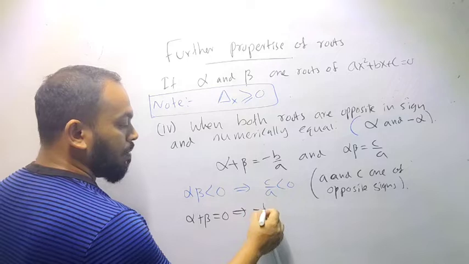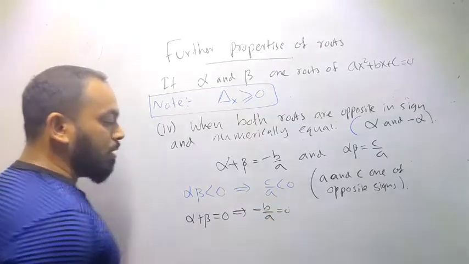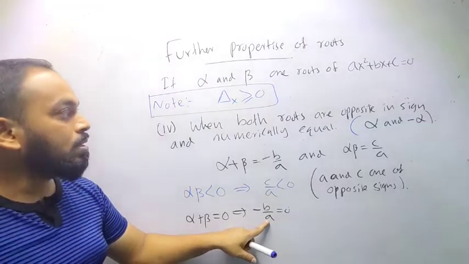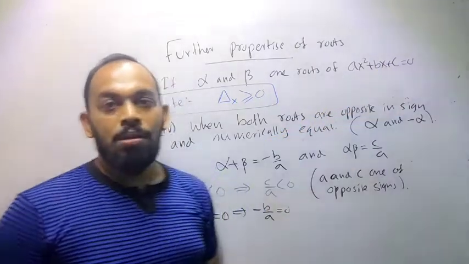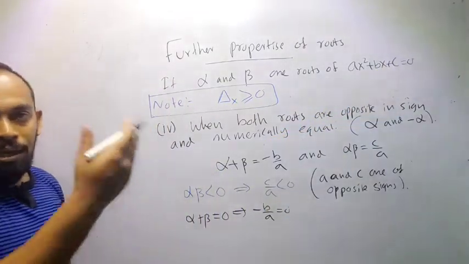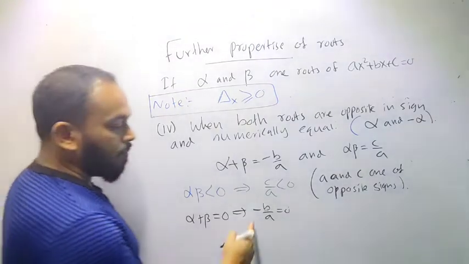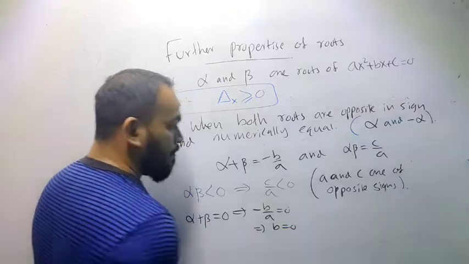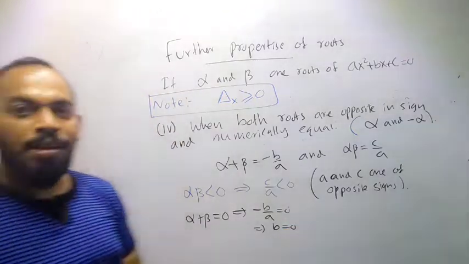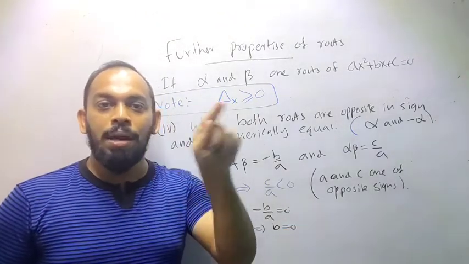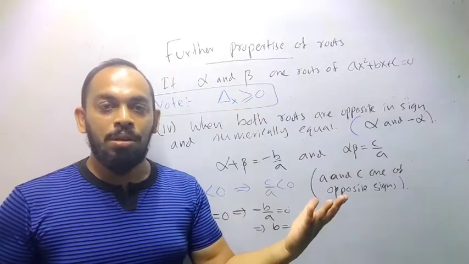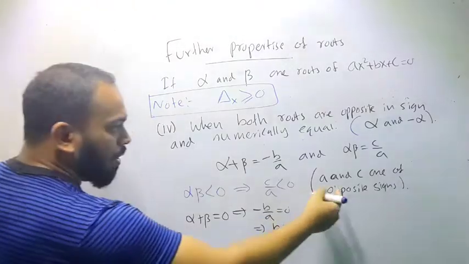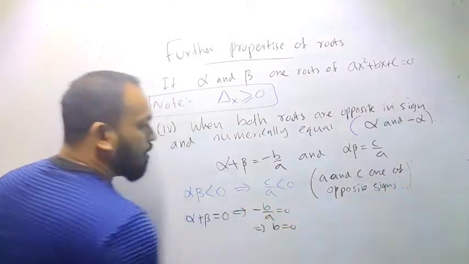That implies minus b over a equals 0, and we know that a cannot be equal to 0. A is definitely non-zero, otherwise the quadratic equation will be reduced to a linear equation. So a cannot be 0, which means b is 0. Remember the quadratic equation x squared minus 4 equals 0. The coefficient of x is not there. So now we can write this clearly.